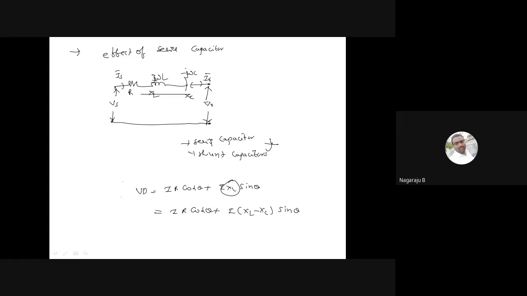You are decreasing it when capacitors are added in series. VD dash: previously you have this, and after installing the capacitor, this is what you will have. So you are decreasing the voltage drop, but they are rarely employed in practice.